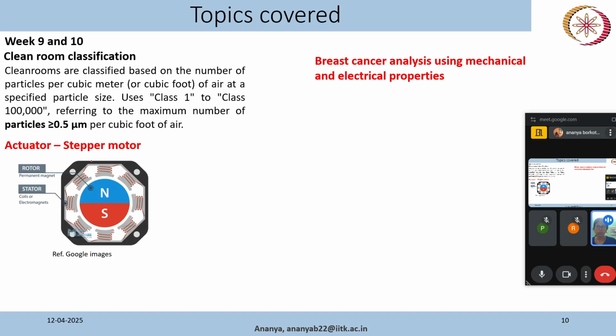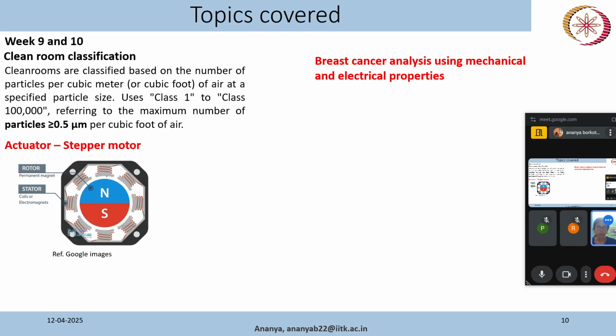After that, we also learned about actuators, like the stepper motor. We learned there are two components in a stepper motor. First is the stator, which is stationary, and another is the rotor. The rotor is normally a permanent magnet, but depending on the type of stepper motor, it can be different. The stator is like a coil or winding. When we apply current to this winding, the current-carrying conductor creates a magnetic field.